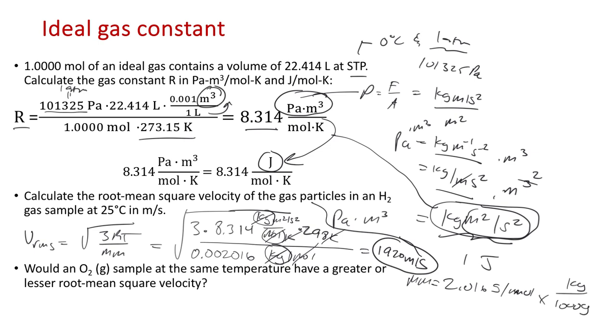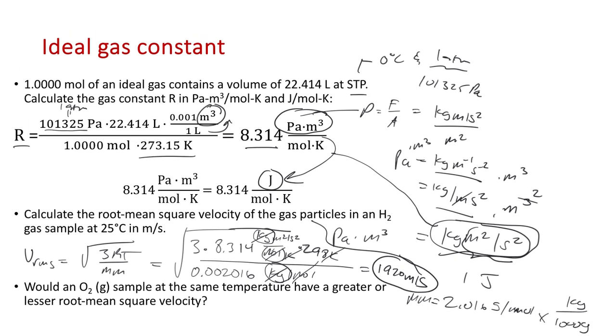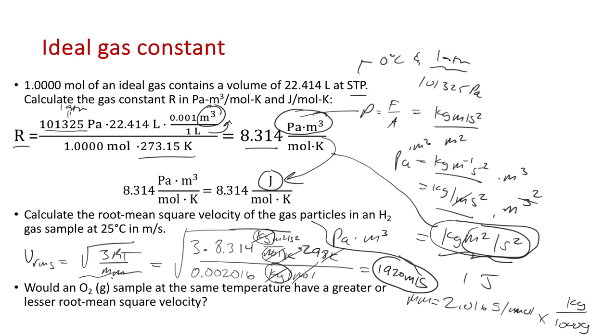And then we want the molar mass to be in kilograms per mole. That's just how we're applying the definition of what a joule is equal to, and then using the fundamental SI unit. So we just want to put every unit in that problem into SI units, and then get out the SI unit of velocity afterwards.